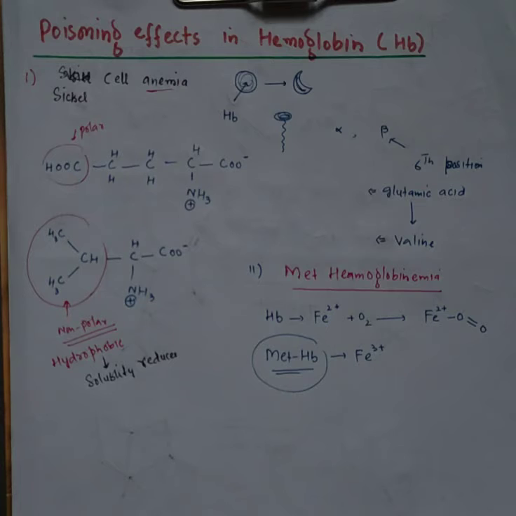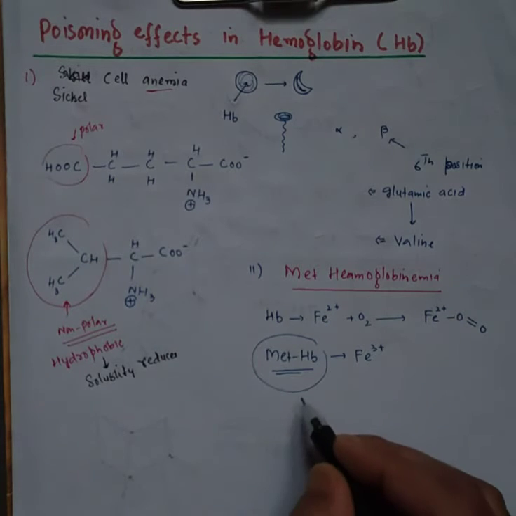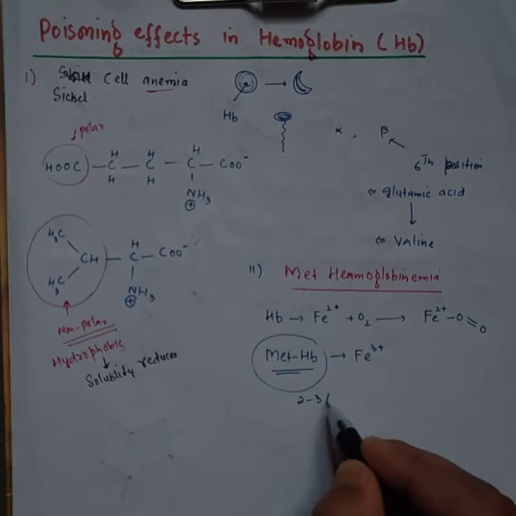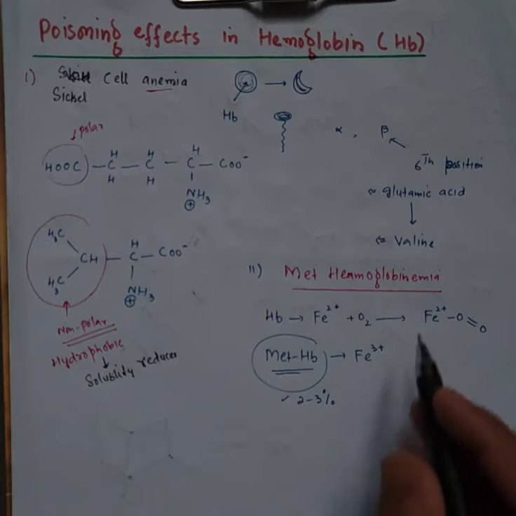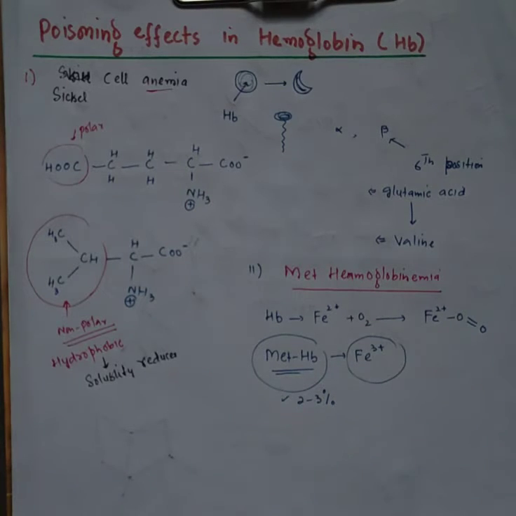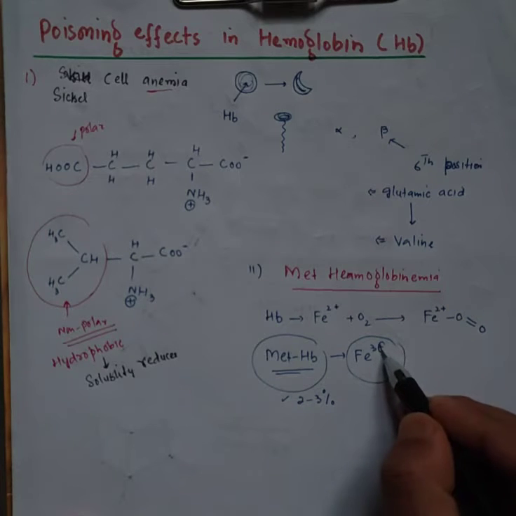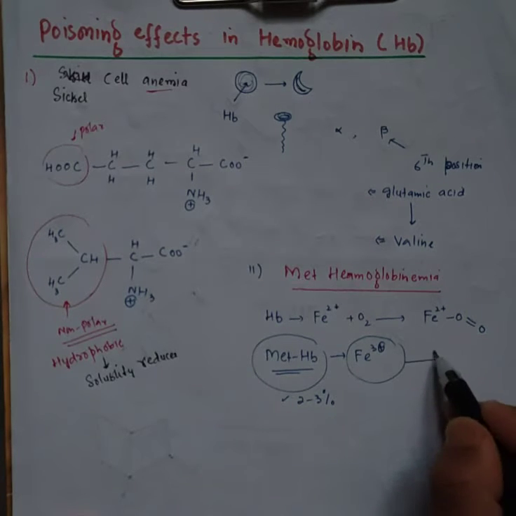तो normally जो हमारा blood होता है उसमें there is almost 2 to 3% of methemoglobin. So that doesn't create any problem. But when the concentration of this methemoglobin is very very high, उससे क्या होता है, iron 3 has less affinity. Its affinity to carry the oxygen is very very less.